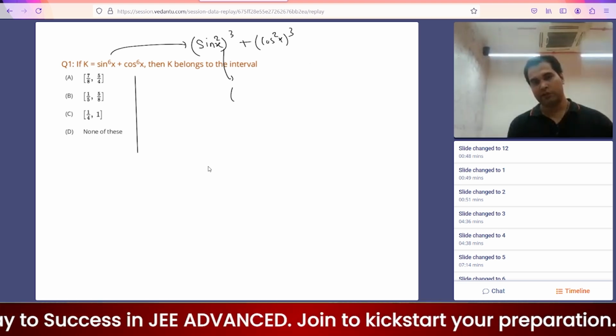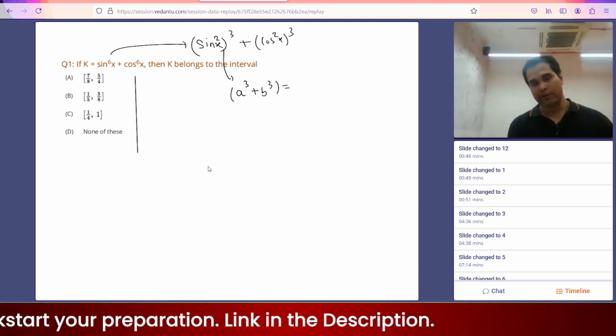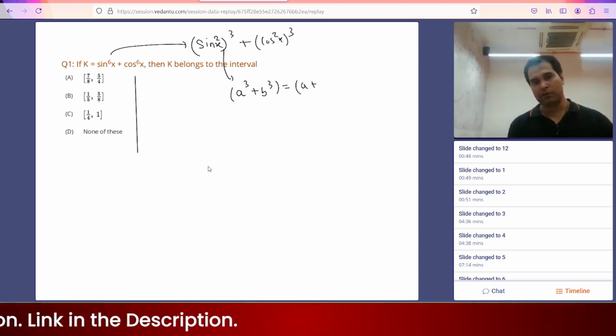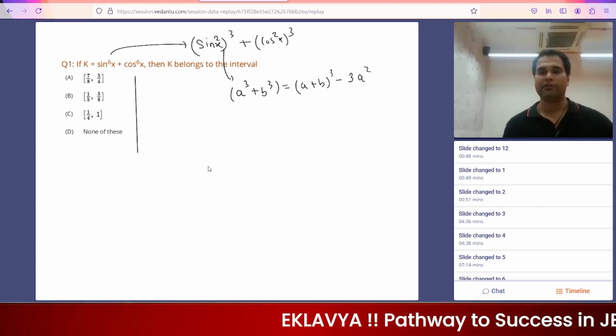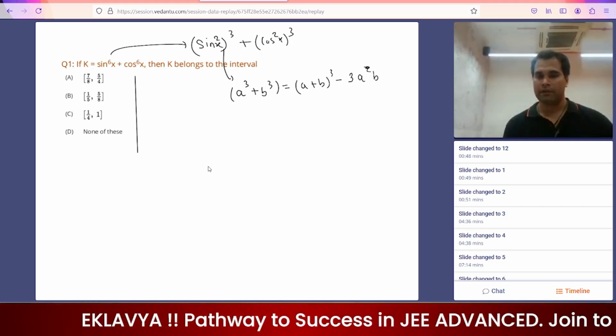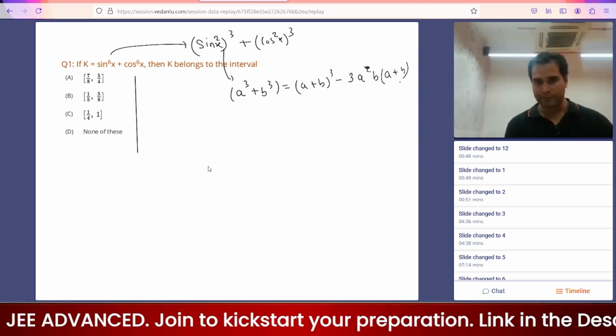Now, using the identity a cube plus b cube equals a plus b whole cube minus 3 times ab into a plus b.